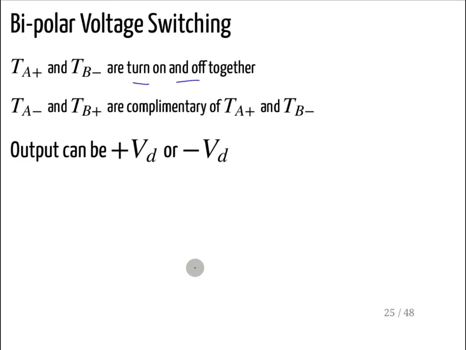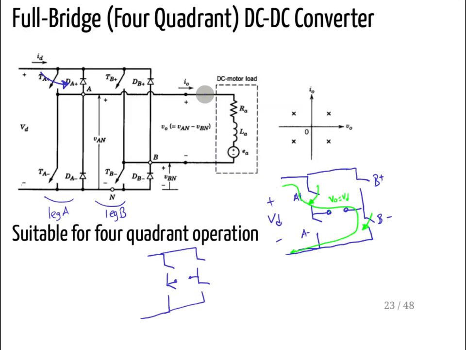Or let's have a look at the definition. Then TA minus and TB plus are complementary. Complementary means whenever TA plus is on, then TA minus should be off. Whenever that one is on, that will be off, and vice versa. But of course, those are ideal switches. Normally there needs to be some dead time periods. Anyway, so then you close that one and you close that one, and the other ones will be off.